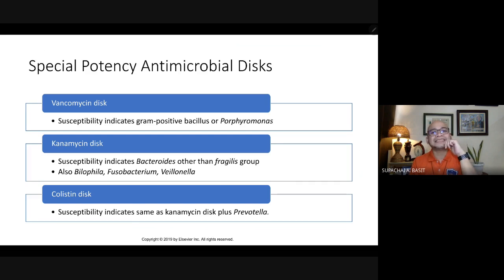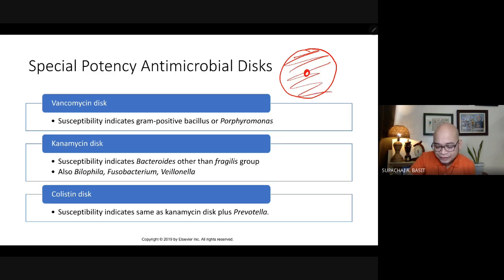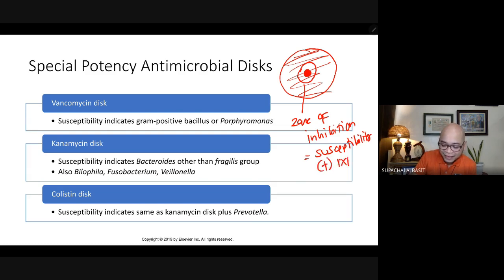Now, this test uses special potency antimicrobial disks. All we have to do is add a particular disk to the culture and see whether there would be a zone of inhibition. The presence of a zone of inhibition is tantamount to susceptibility, and susceptibility means it is a positive reaction.